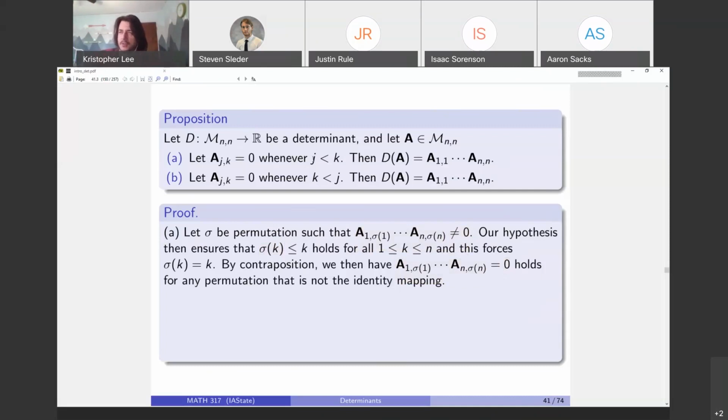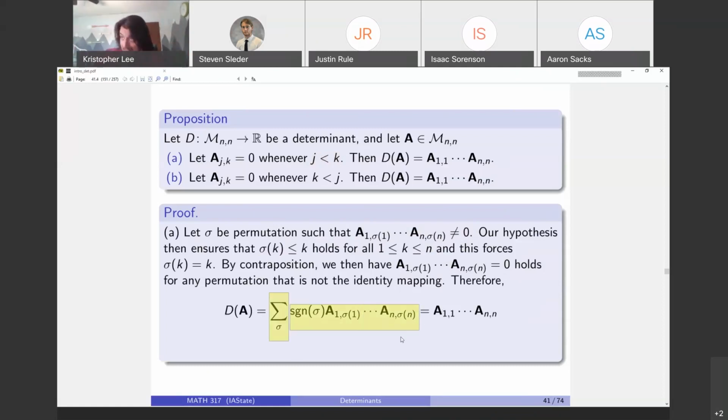That can be proven maybe a little bit more directly by noting that any permutation that's not the identity has to have a j less than sigma j or something like that. But equipped with that, we then know the summation is basically just a summation of a bunch of zeros, except for the identity permutation, which is potentially non-zero.